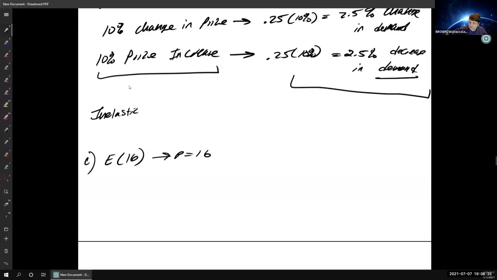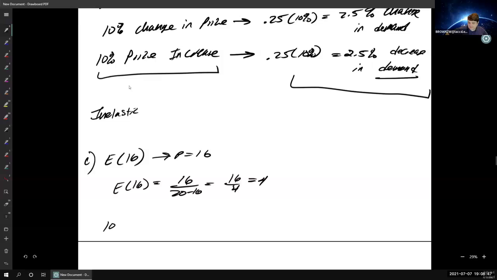So I'm just going to plug back into my function. That would be 16 over 20 minus 16, which gives us 16 over 4, which gives us 4. So once again, this number represents the conversion rate.